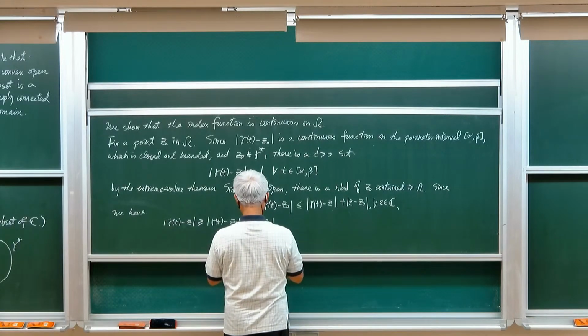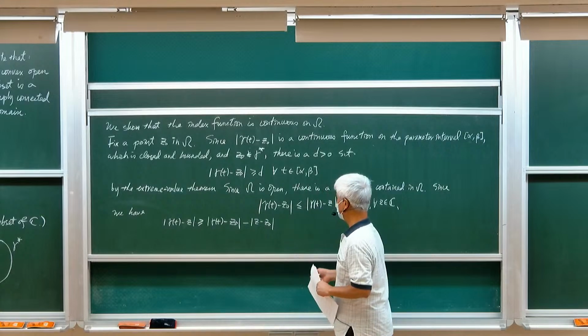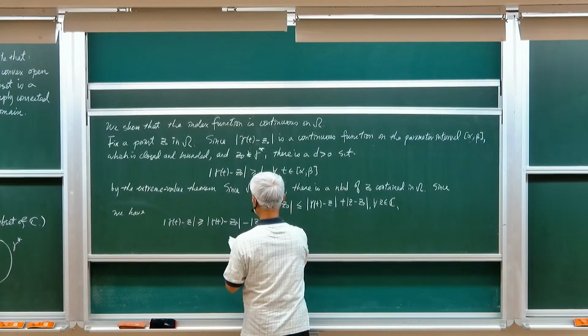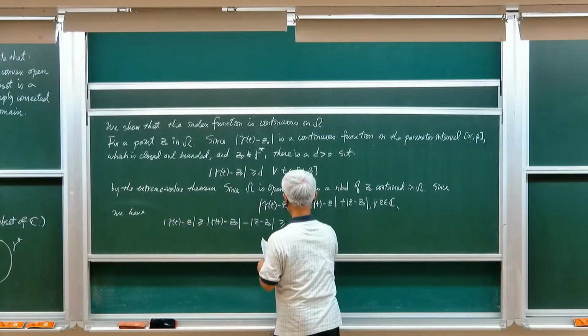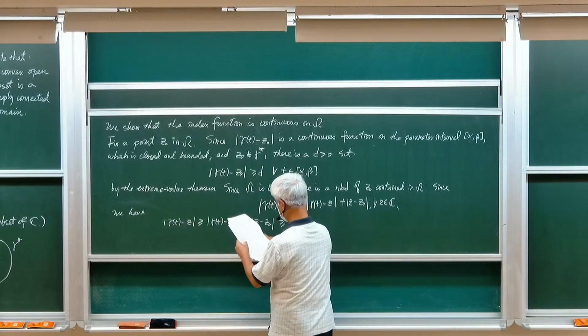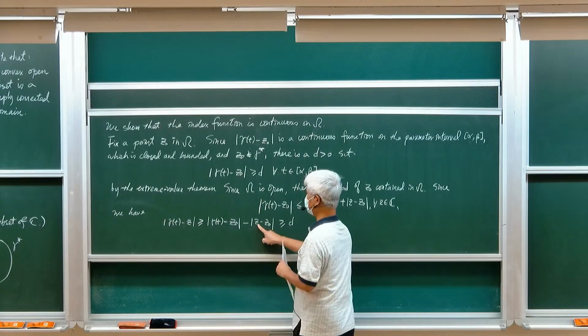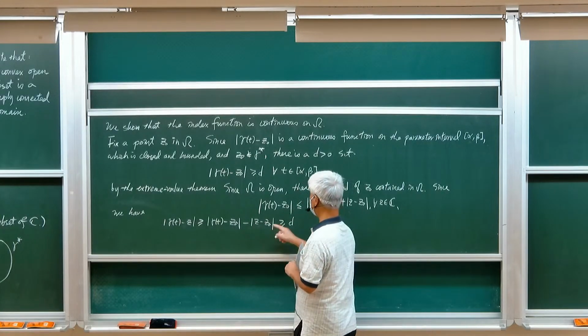And the lower bound is d, and we select the z which is not far away from z0.